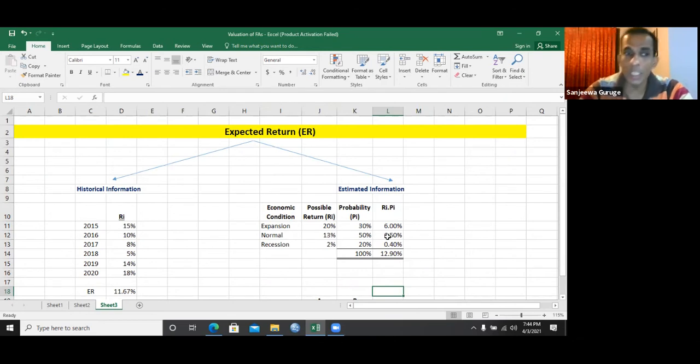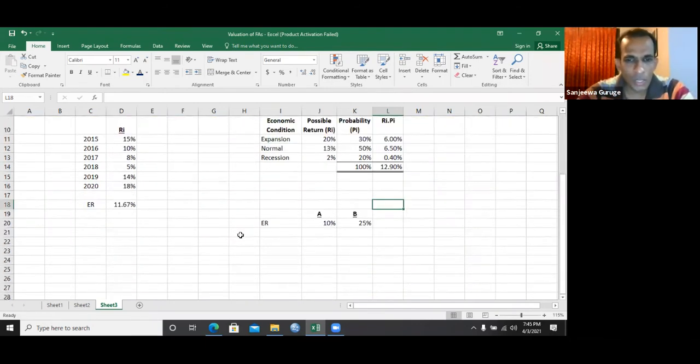So there is a possibility that the return is highly volatile, sometimes high return, sometimes low return. So risk is the volatility, which we can estimate using, as you mentioned, standard deviation. So we need to calculate the standard deviation.